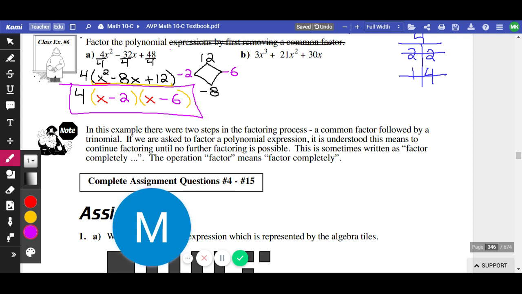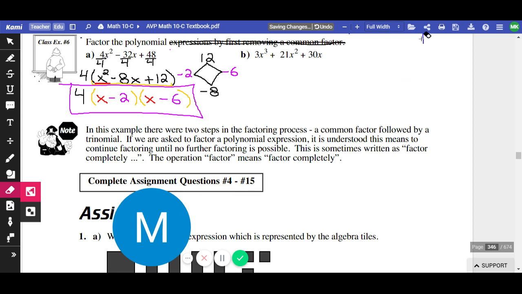Fantastic. Part B, we're going to try the same thing. You go to remove a GCF. In this case, there's a number and a letter that go into that GCF. What's the number I can divide up? 3, right? 3 can come out of all 3 of those. 3 goes into 3, 3 goes into 21, 3 goes into 30.